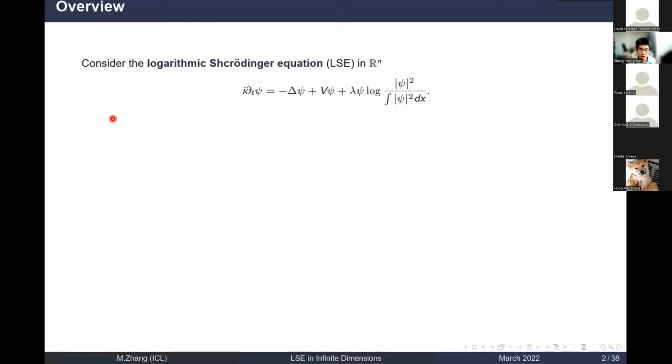Okay, so the equation under study is this log Schrödinger equation, where lambda is a real number called the coupling constant, and dx is the Lebesgue measure in R^n. This equation dates back to 1976, first introduced in the paper called Nonlinear Wave Mechanics.